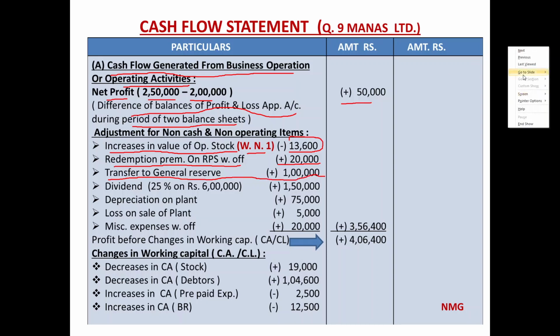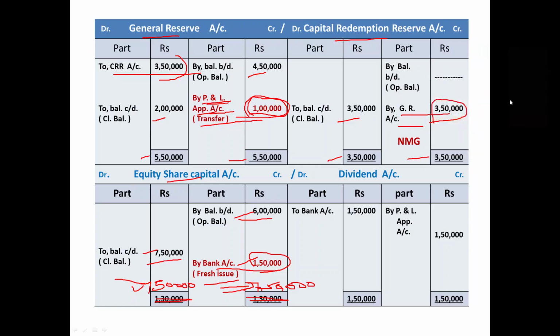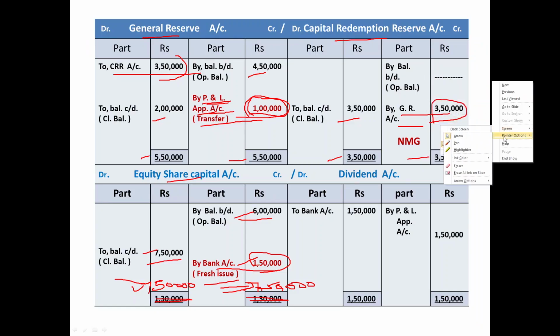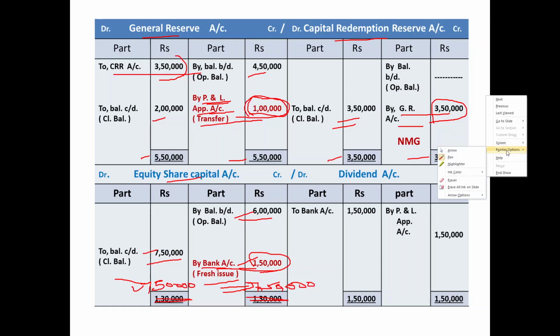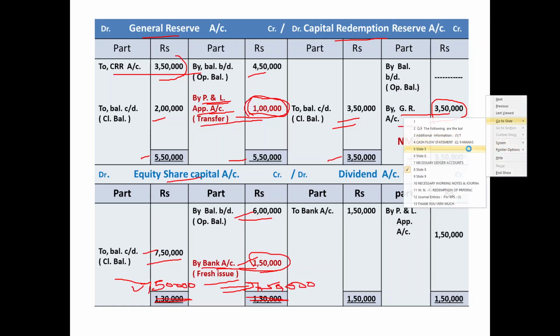Next ledger account. After GR, CRR account, nothing is there, 3,50,000 from GR, 3,50,000 as a closing balance. Equity share capital account, on the credit side, title came bank 1,50,000, indicates cash inflow. Under title C, fresh issue 1,50,000.